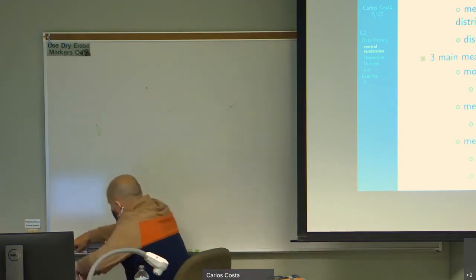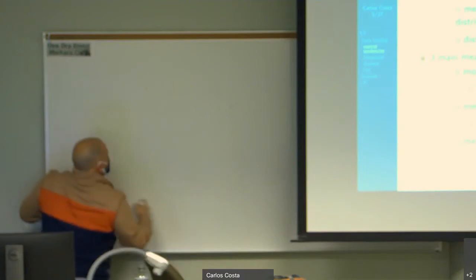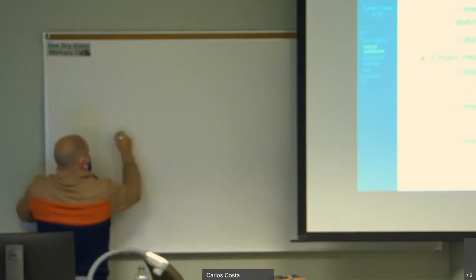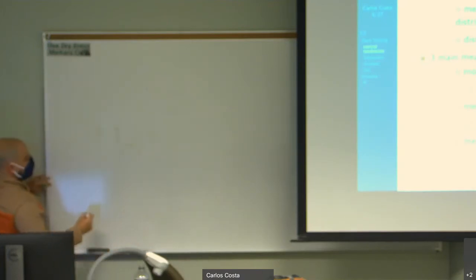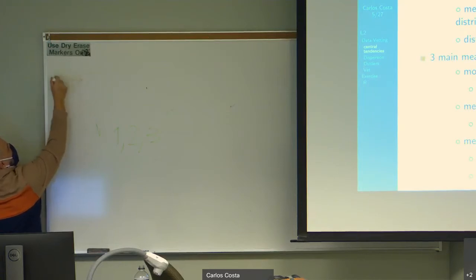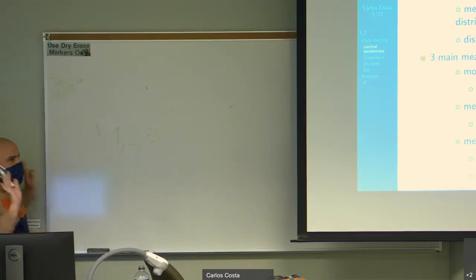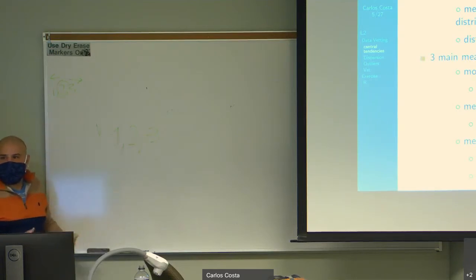So basically, if I have a data set that is 1, 2, 3, this is very simple, but this is the number that divides the data set in half. There is one number to the right of it and one number to the left of it. Very straightforward. The median, when you're driving, what's the median? The thing that divides the road in half, right?